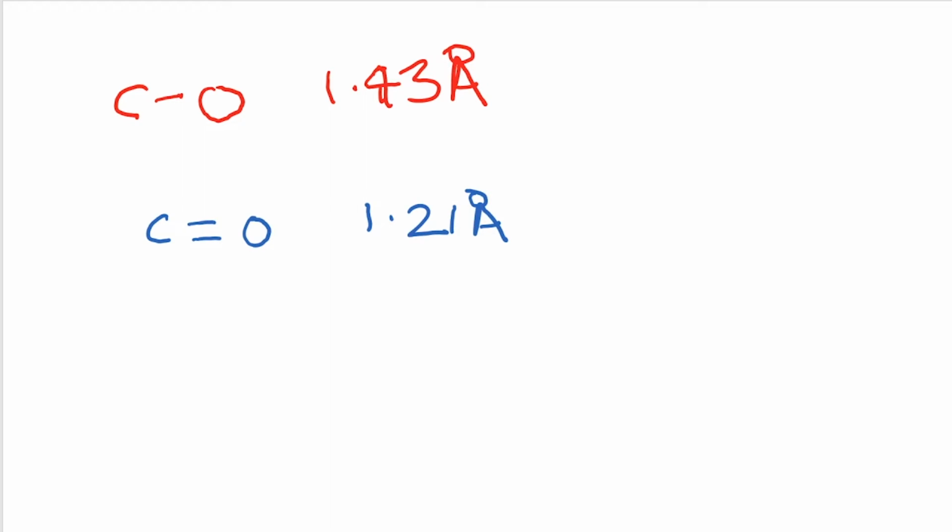The electronegativity of carbon is 2.5, whereas the electronegativity of oxygen is 3.5. Just keep in mind, electronegativity is the ability of the nucleus to pull electrons towards itself, and so oxygen is obviously more electronegative than carbon, which is something that we already know. So this is just a recap.